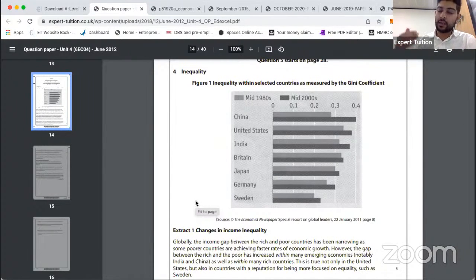Progressive taxes are taxes whereby the more you earn, the more tax you pay, and that might help to reduce the level of income inequality because they can take money from the highest earners in the economy and redistribute it to provide, for example, free resources to those who are most in need, like free healthcare. And this is evidenced by the fact that Sweden has a Gini coefficient of approximately 0.22, 0.23 maybe, compared to the USA, which is nearly 0.4, like 0.38, 0.37, whatever. So that is the first evaluation.